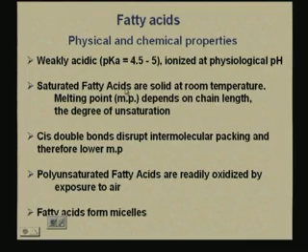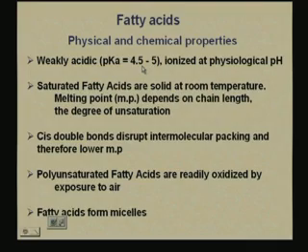Saturated fatty acids are solid at room temperature. The melting point is going to depend on the chain length and definitely the number of double bonds present, on the degree of unsaturation. We will see how that is going to play an important part in our lipid formation, membrane lipids.